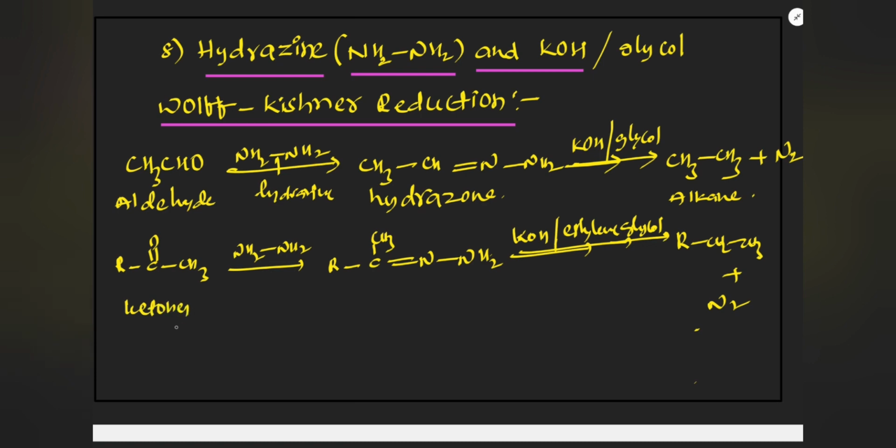Ketones and aldehydes, reduction with hydrazine and KOH in ethylene glycol gives alkane. This is the Wolff-Kishner reduction: NH2NH2 and KOH in ethylene glycol. Have a look at the next reagent.